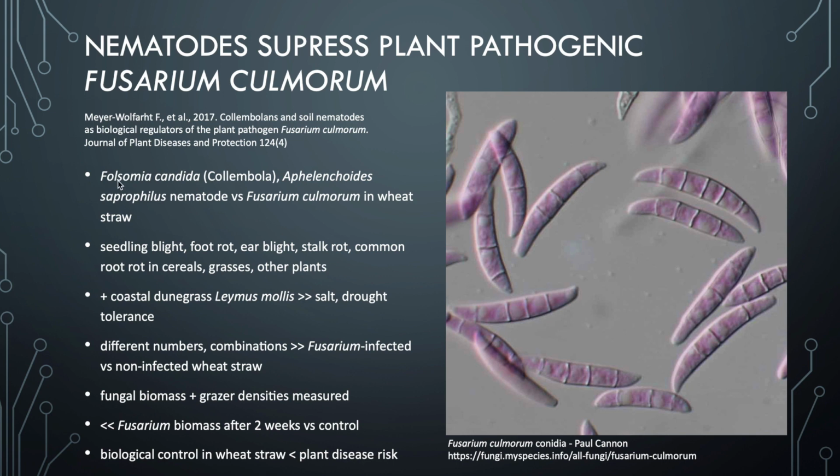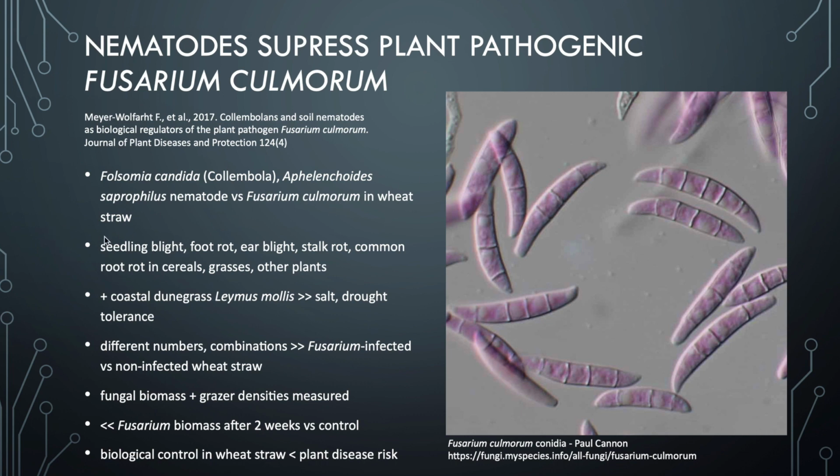Another example is that of fungal-feeding nematodes suppressing plant pathogenic Fusarium culmorum. What's interesting about this study is that both springtails, Collembola, the species Folsomia candida, as well as Aphelenchoides saprophilus nematode were investigated in their suppressive capability against Fusarium culmorum, which proliferated in wheat straw.